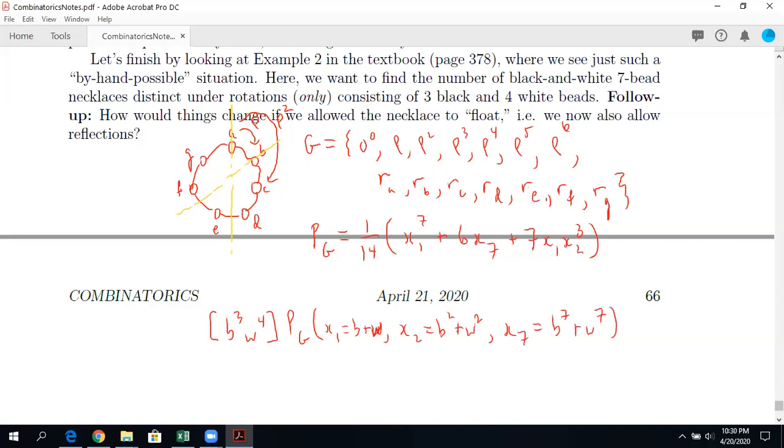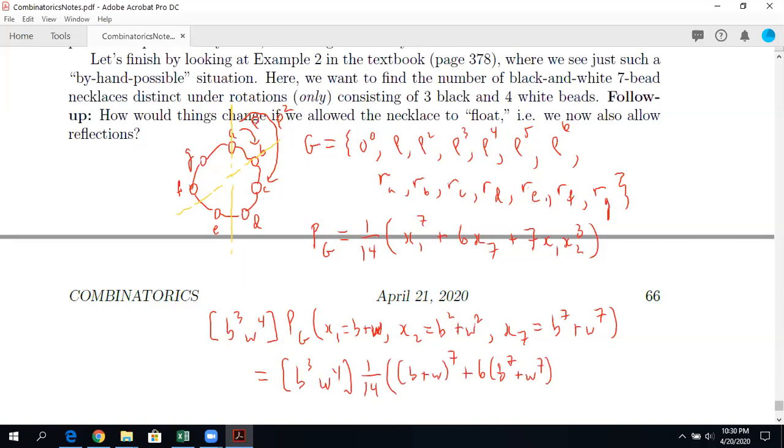So this is going to be the coefficient of b to the 3rd, w to the 4th of what? 1/14th. It's going to be b plus w raised to the 7th, plus 6 times b to the 7th plus w to the 7th.